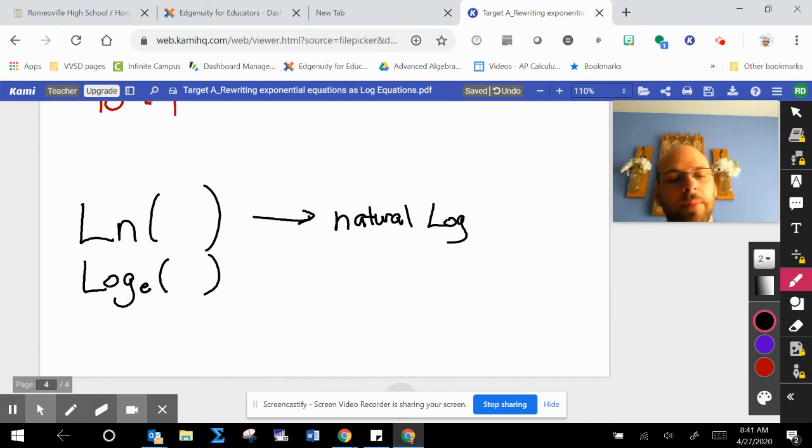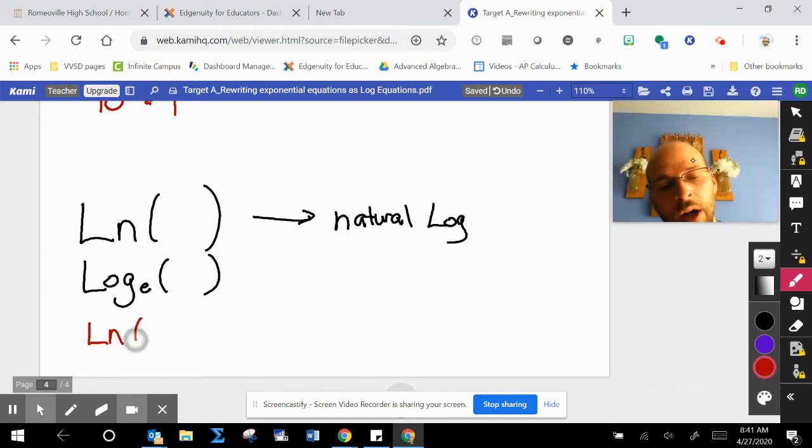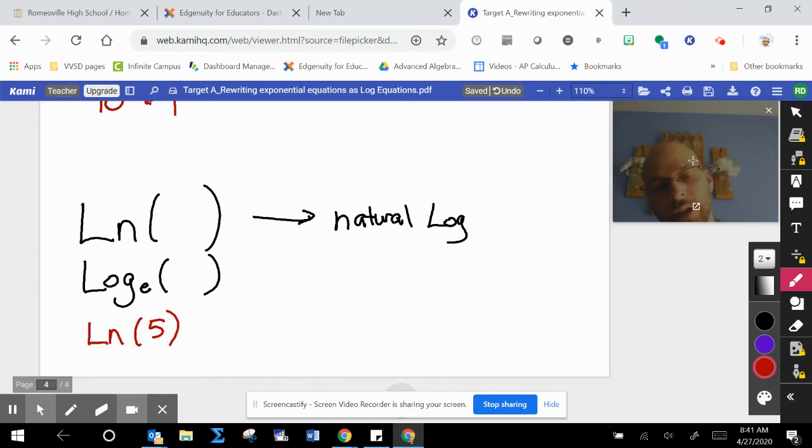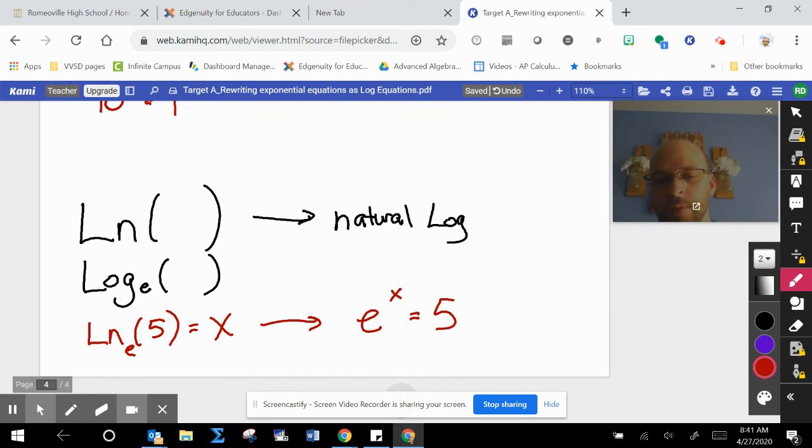All right. So if you were to ever see, let's say, the natural log of 5 is equal to x, the base of this would be E. So we can say E to the x is equal to 5. Okay?